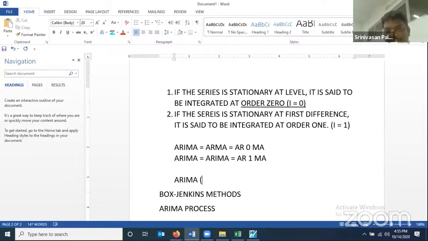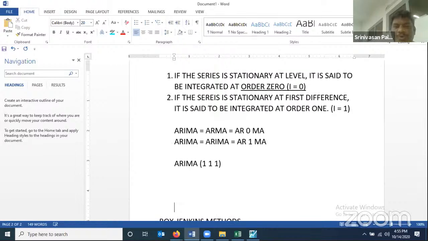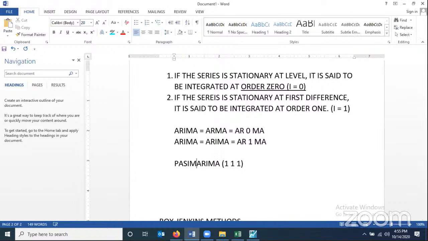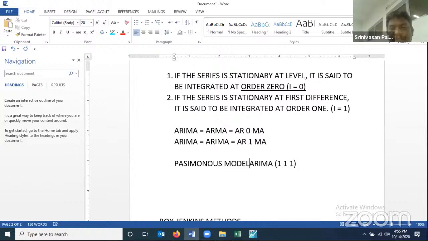Can you see this screen? This word I'm typing. Yes. ARIMA. So my next exercise, after identifying the integration, is the parsimonious model. Spelling is wrong, but no problem.